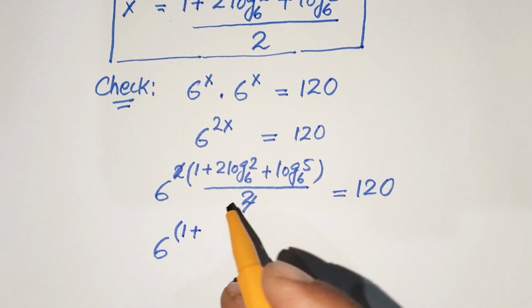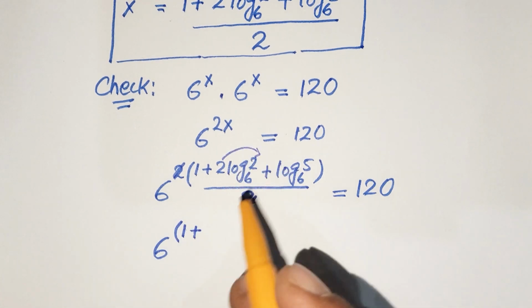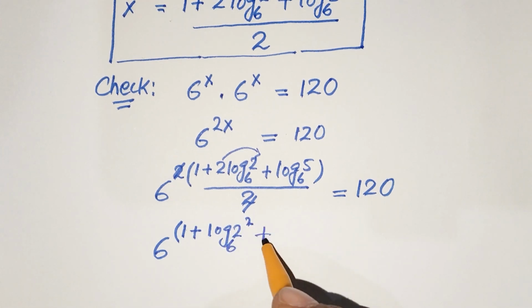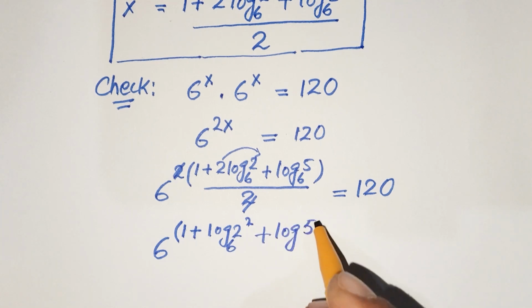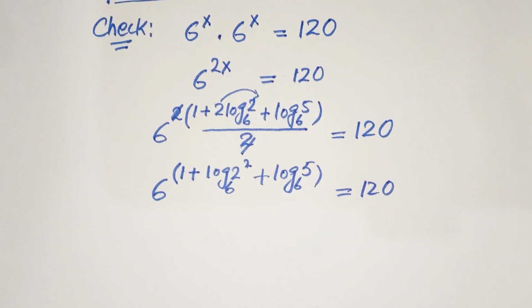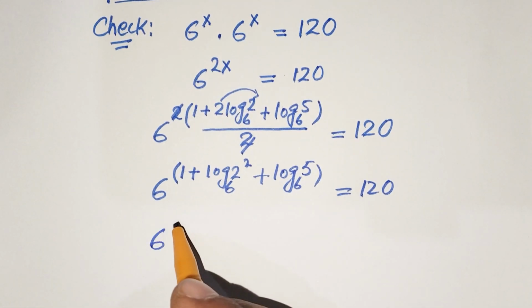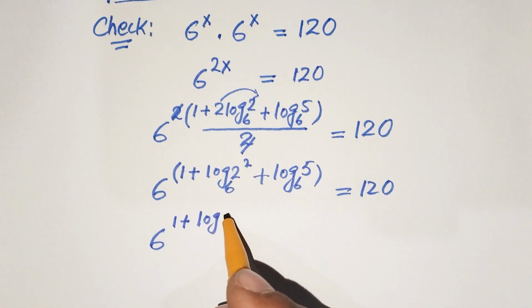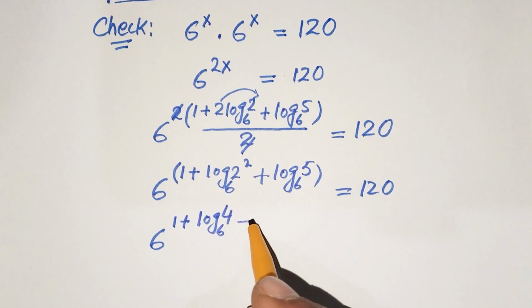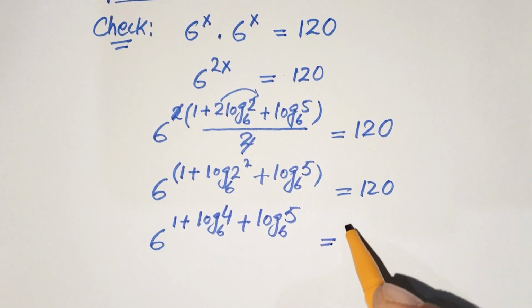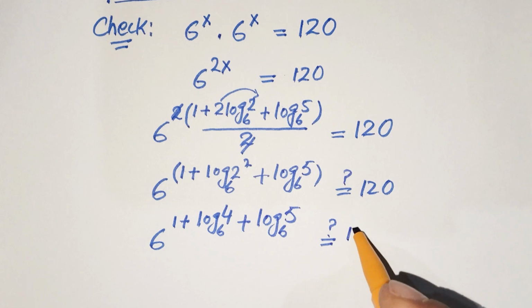Then we get 6 power 1 plus log 2 raised to the power 2 with base 6 plus log 5 with base 6 is equal to 120. So now 6 raised to the power 1 plus log 4 with base 6 plus log 5 with base 6 is equal to 120.